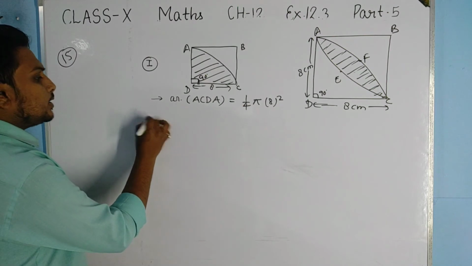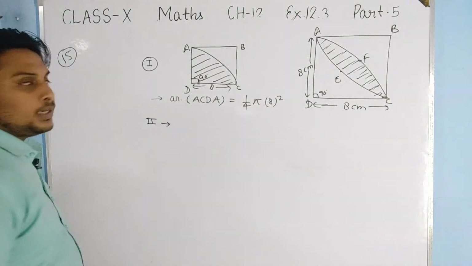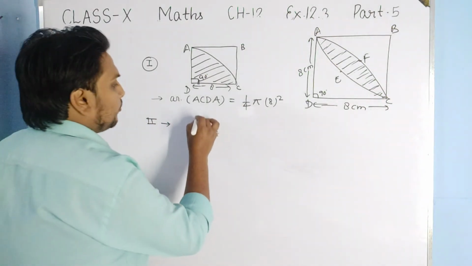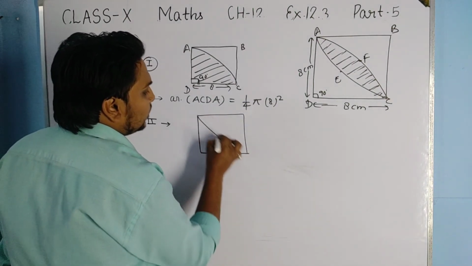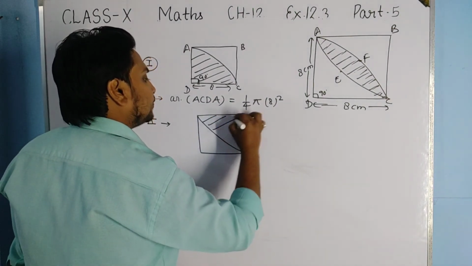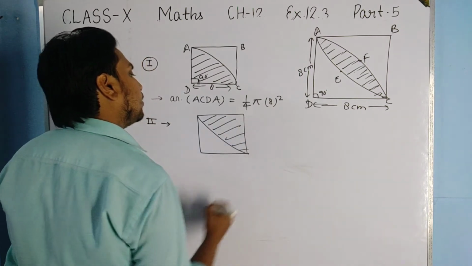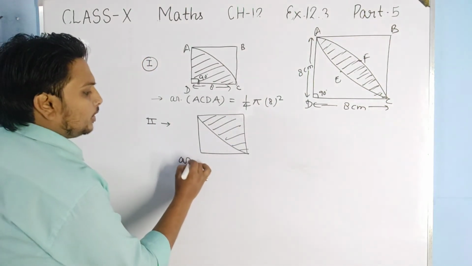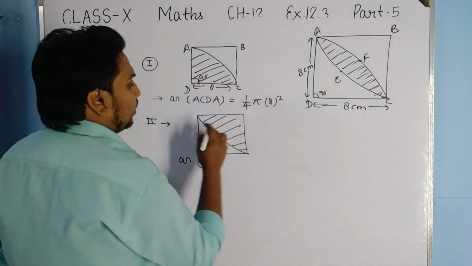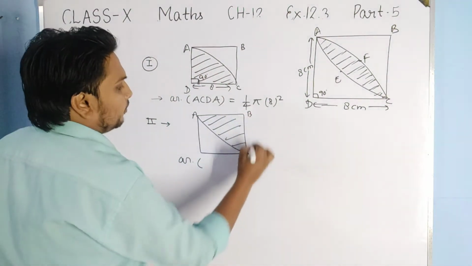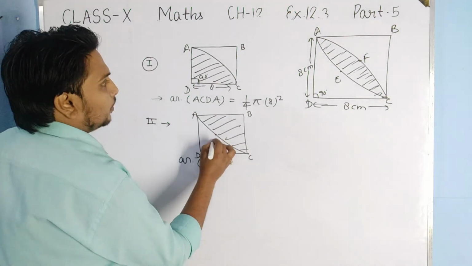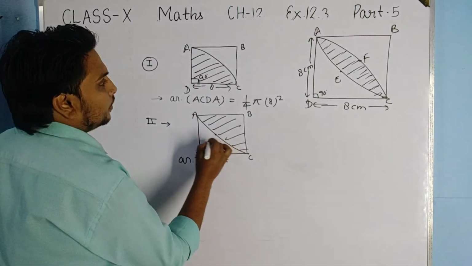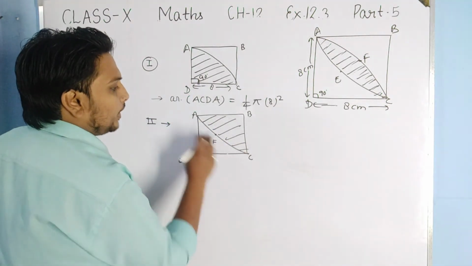In the second step, you just find the area of this quadrant, the quadrant AFCB.